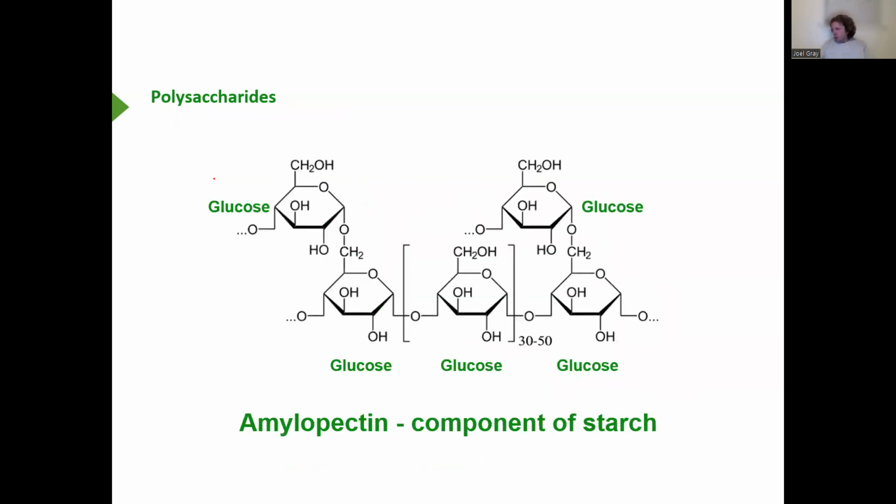Now, polysaccharides like amylopectin can get considerably longer and can have chains with branch points that are much less frequent, but they're still alpha 1,4 glycosidic linkages. And these branch points are alpha-1,6 glycosidic linkages.